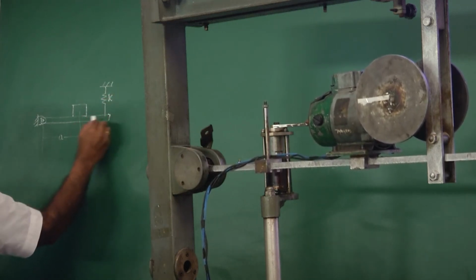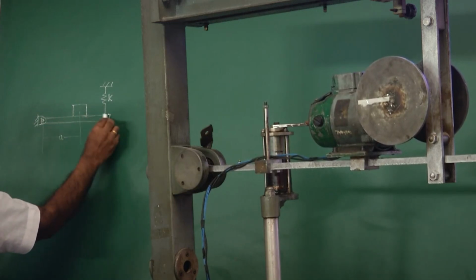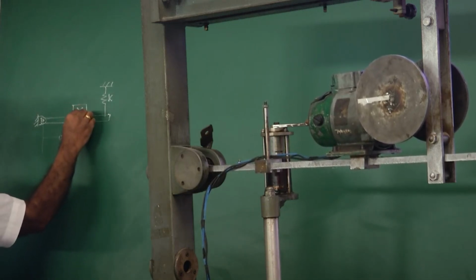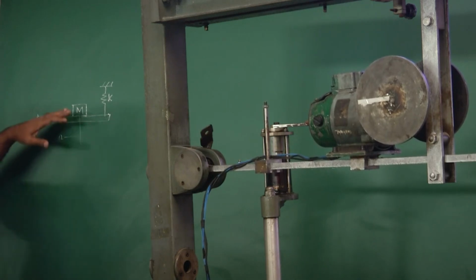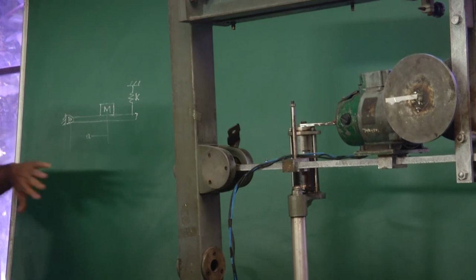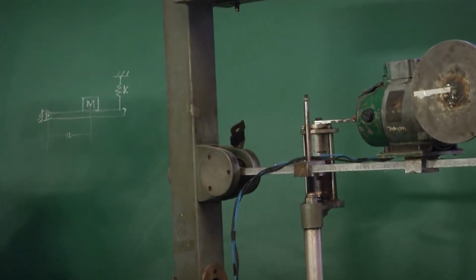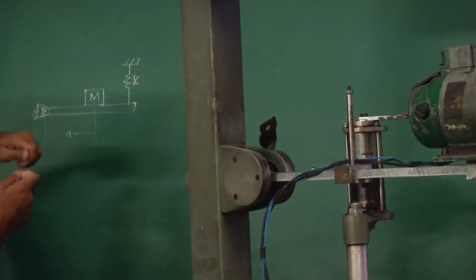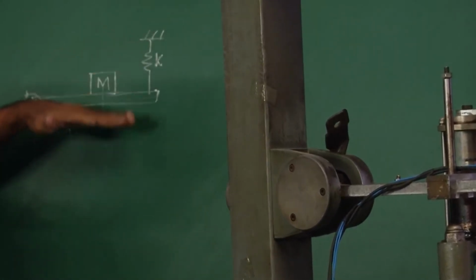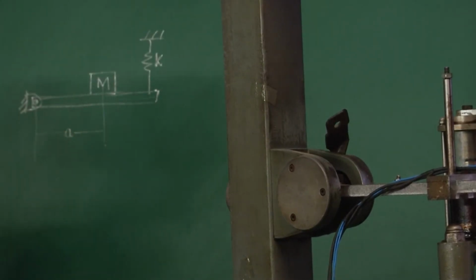So, this beam swings back and forth, and while doing that, there is a continuous interchange of the kinetic energy and the potential energy, in the form of the strain energy in this case. So, the spring will get stretched or compressed as the beam swings about its mean equilibrium position. Okay.